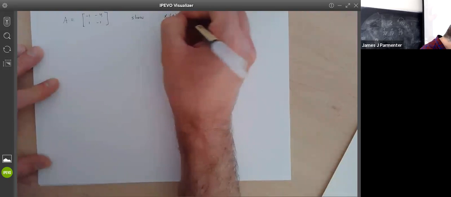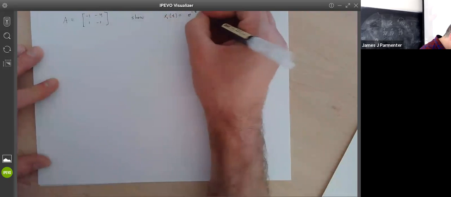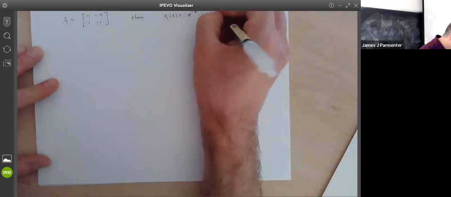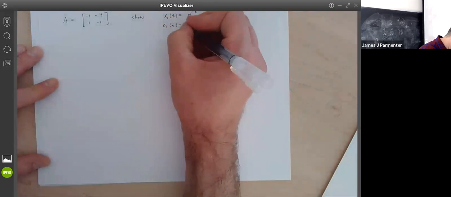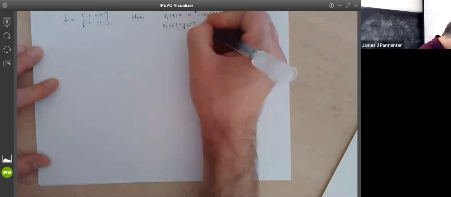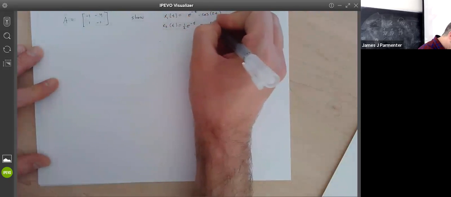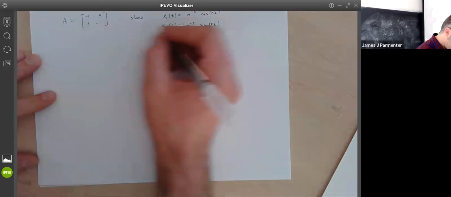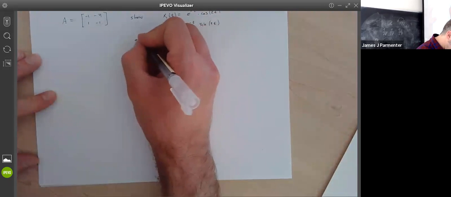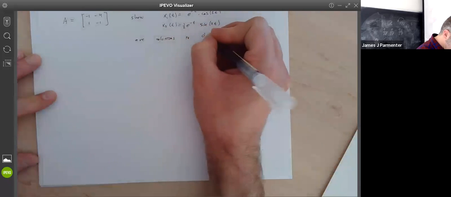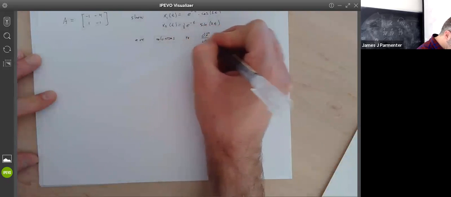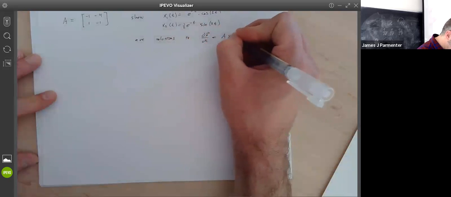x1 of t equal to e to the negative t times cosine of 2t, and x2 of t equal to 1/2 e to the negative t times sine of 2t. We want to show that these are solutions to dx/dt equal to A times x.